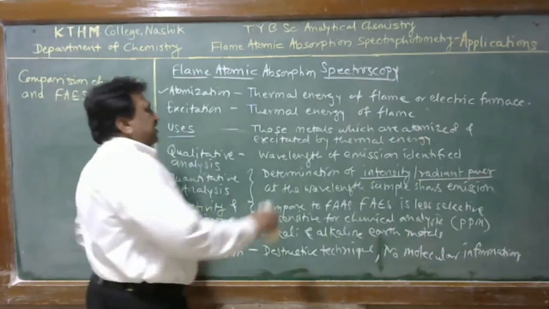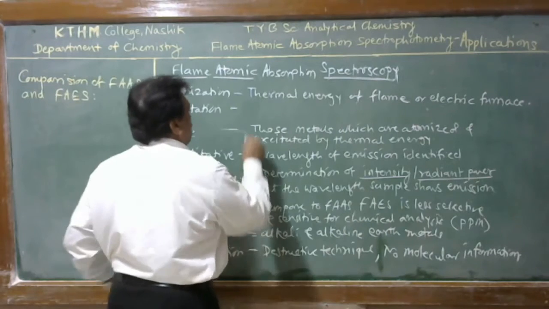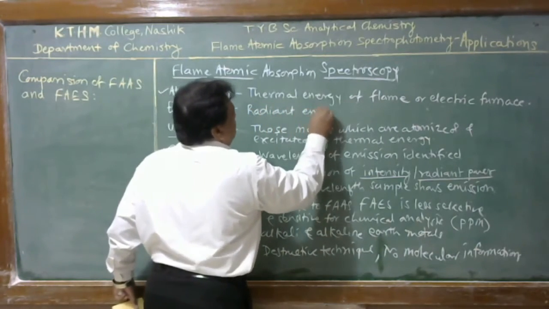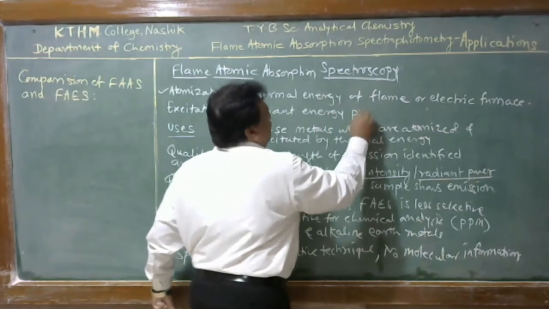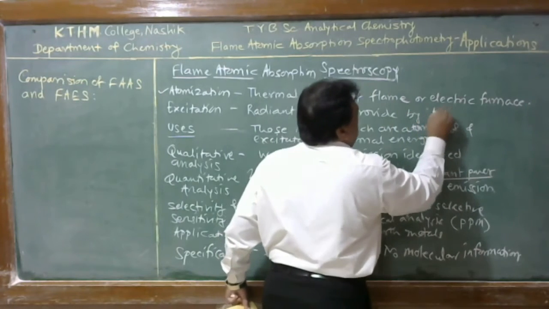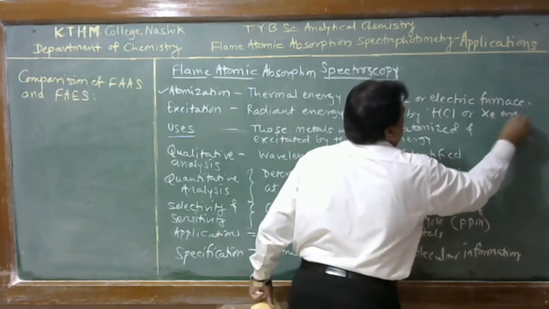The excitation of the sample is carried out by using radiant energy provided by the source, that is, a hollow cathode lamp or xenon arc lamp.